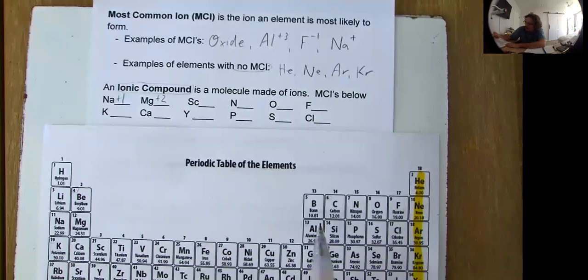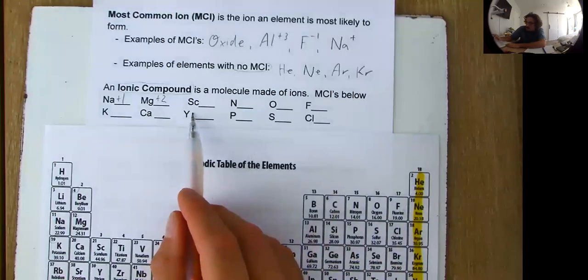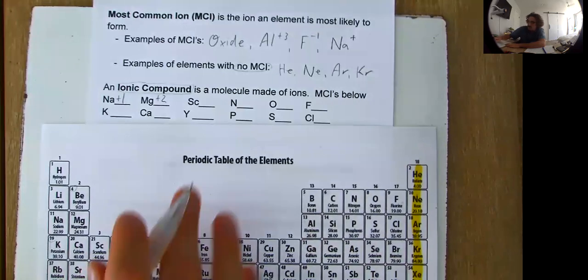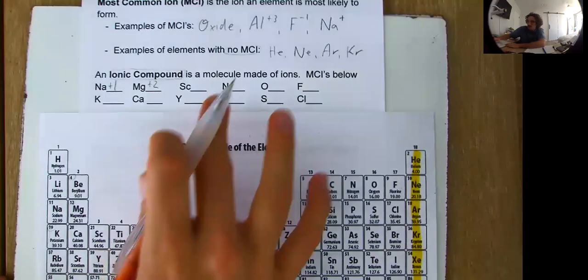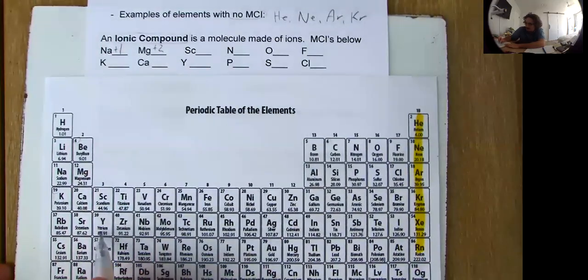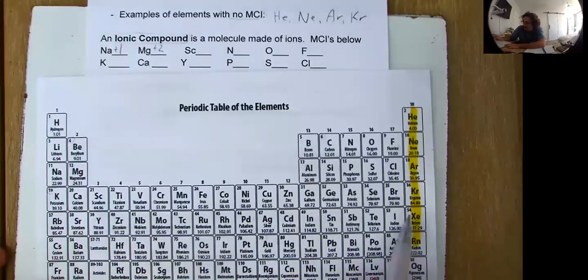Okay, let's do this one way down here. Let's find Y. Y is going to be number 39. Found it right here. 39 is not going to gain all of these electrons to be like number 54.